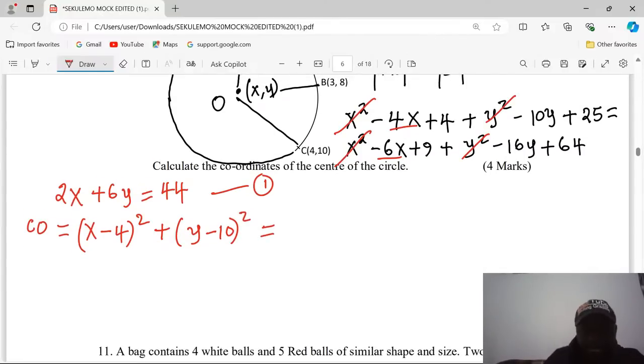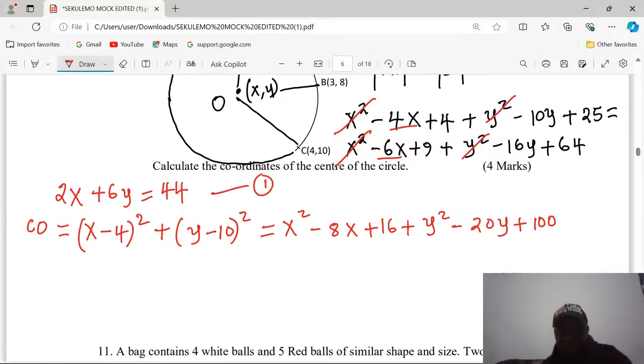When I expand this one, I'm getting x squared minus 8x plus 16. Then I add, this shall be y squared minus 20y, then plus 100. Wow, this one has been expanded now.